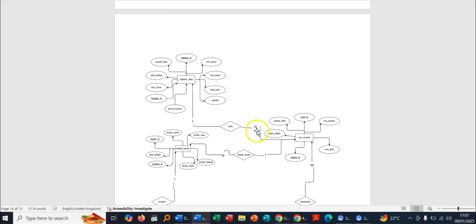That's why here we had an N, reading this relationship as a one-to-many relationship.